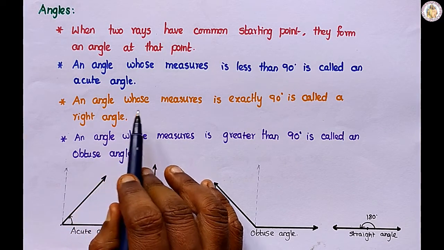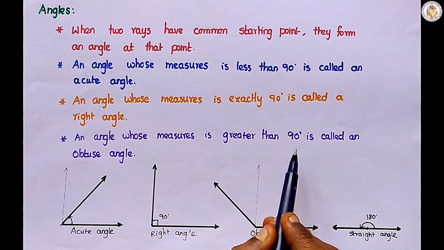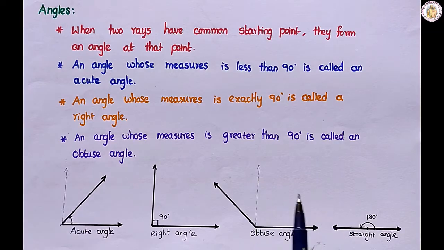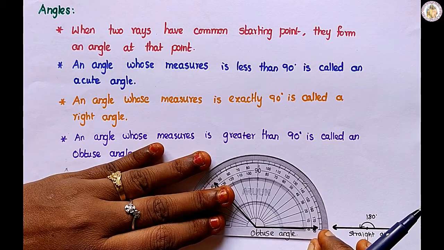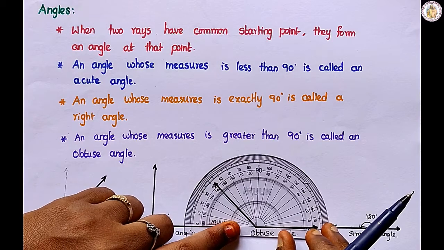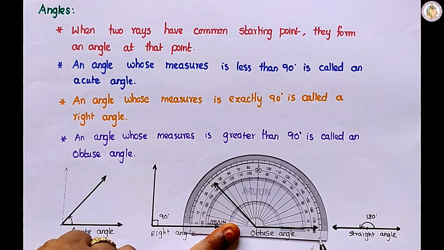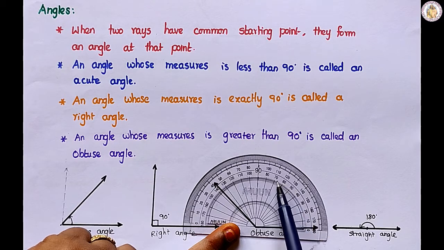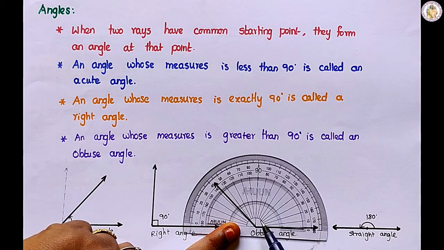And then an angle whose measure is greater than 90 degree is called an obtuse angle. Listen here. From 0 it is 90 degree, but this is greater than 90 degree. 0, 10, 20, 30, 40, 50, 60 till 135 or 136, that is greater than 90 degree.